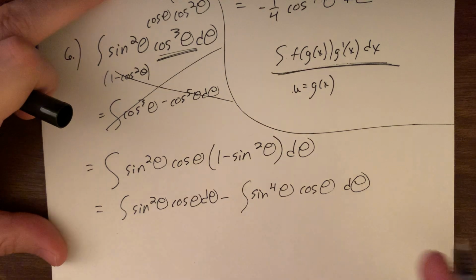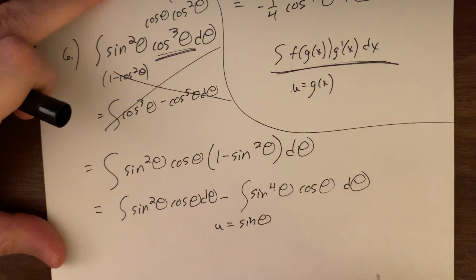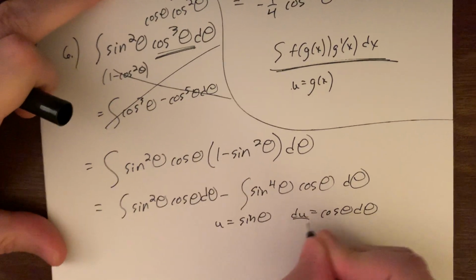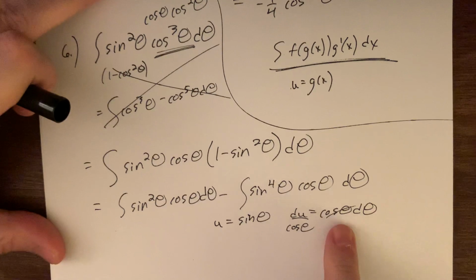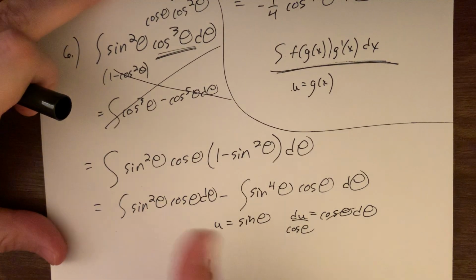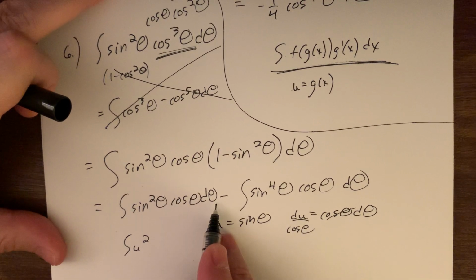But I'm going to realize that, again, the same u works for both. If I let u be sine, du would be a clean, perfect cosine. So in both of these, this just became u squared, and there's your du.